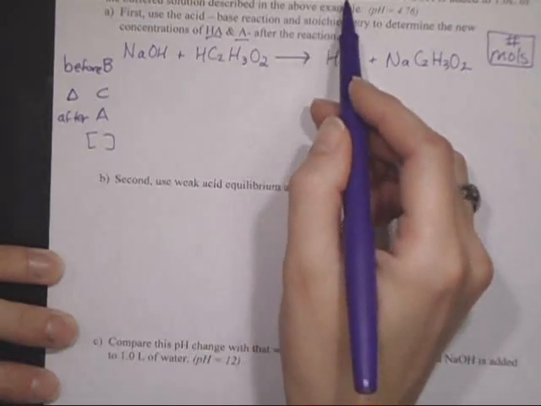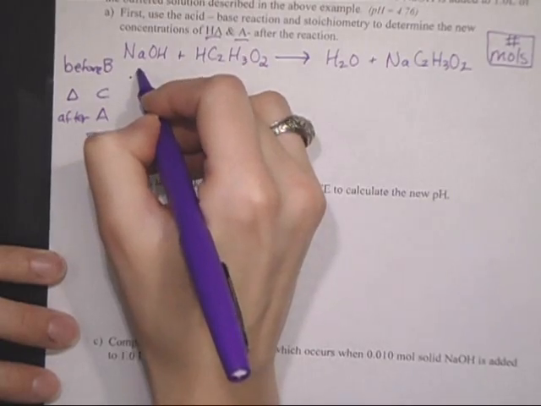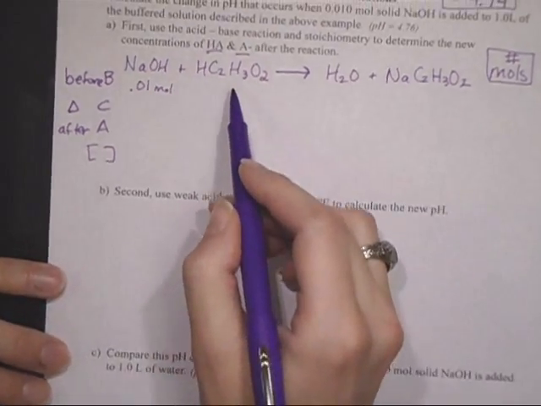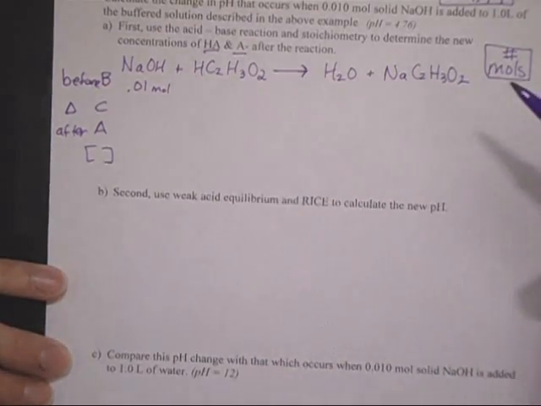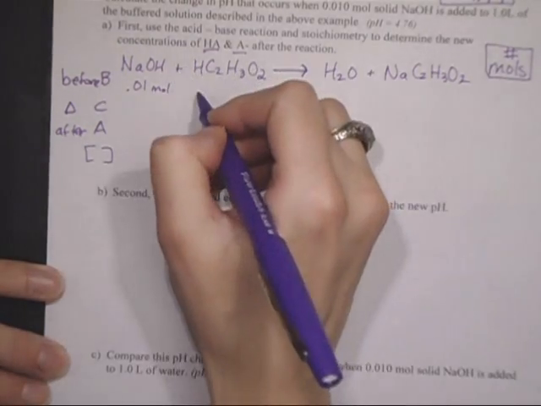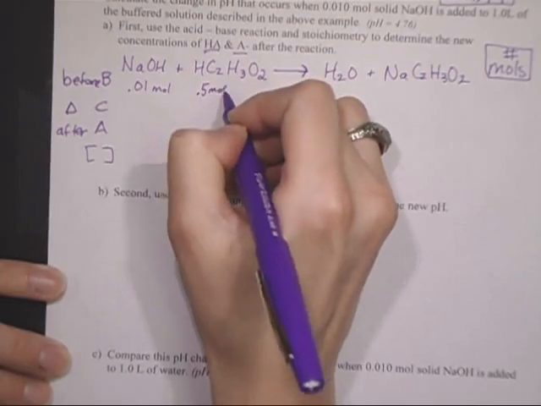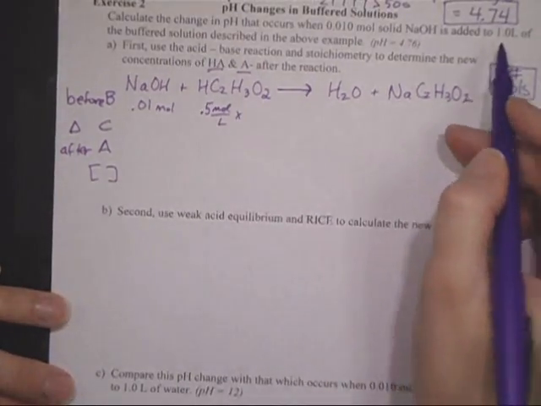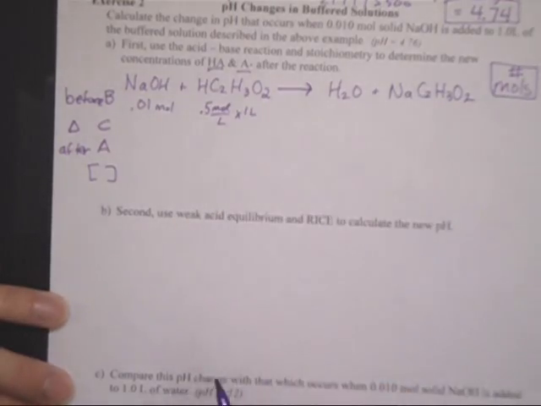The NaOH, it already gives us the number of moles, 0.01, so that's quite helpful. The acetic acid we're bringing down from the previous question. We had 0.5 moles per liter, and the question tells me that I have 1 liter of this substance.